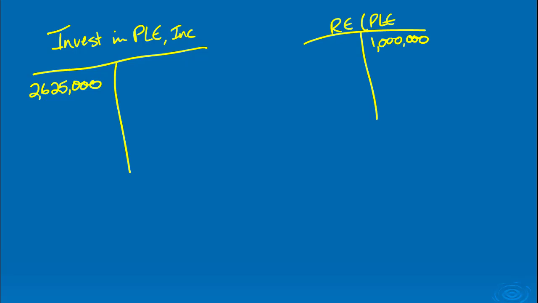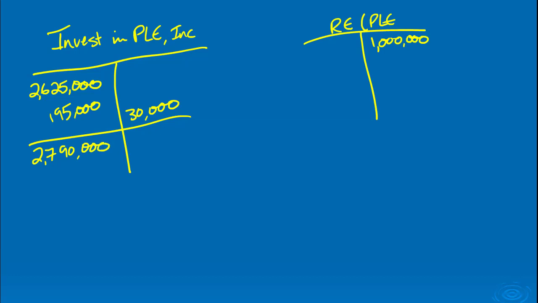But let's keep track. So here's what happened. We recorded a debit of $195 and a credit of $30,000. $2,625,000 plus $195 minus $30 gives us a new balance of $2,790,000.